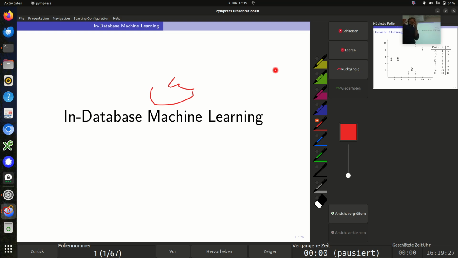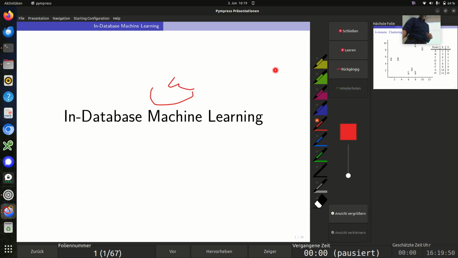And then I will show you how I actually implemented this in SQL. Last but not least, I will show you some data representations you use normally in machine learning, and then how this can be done inside of database systems. So today it's all about the connection between machine learning and database systems.